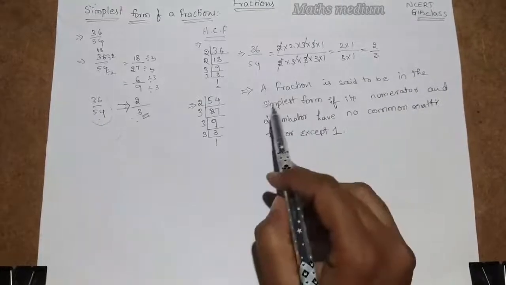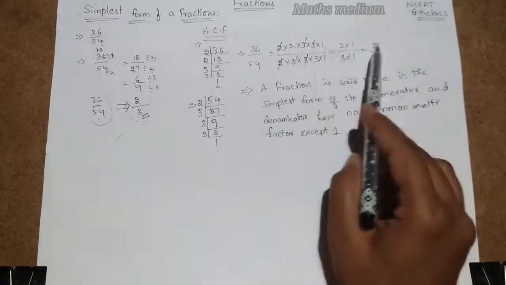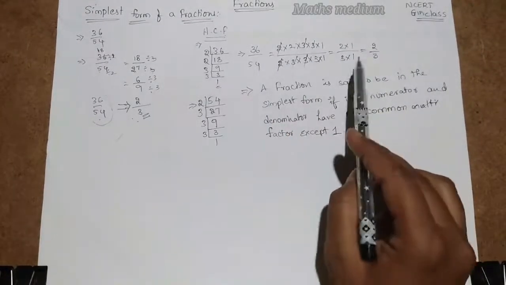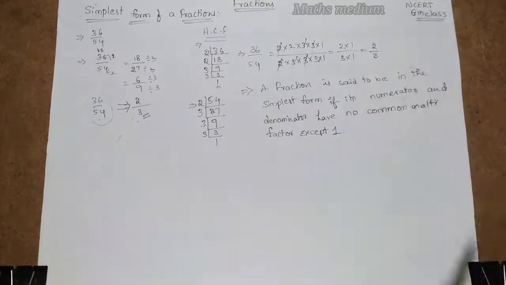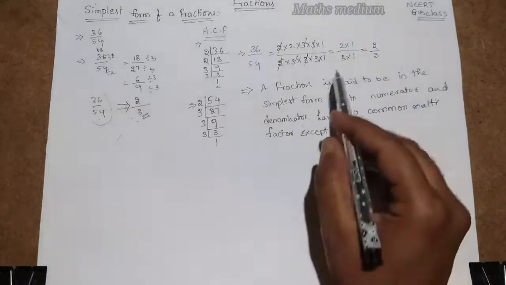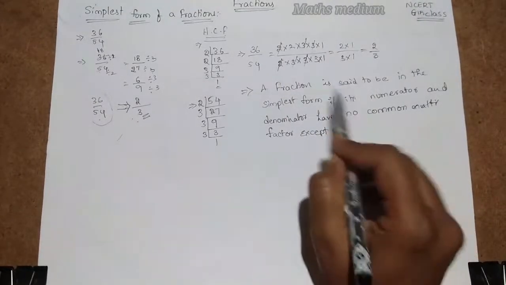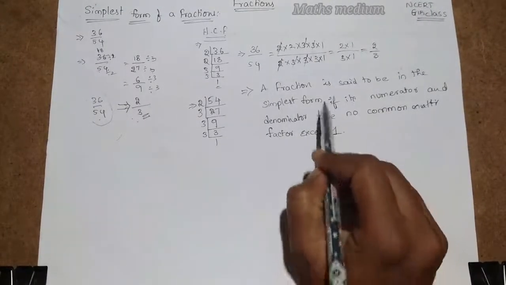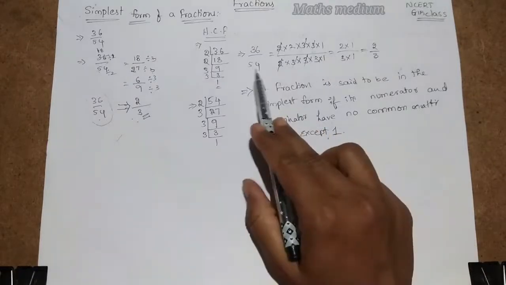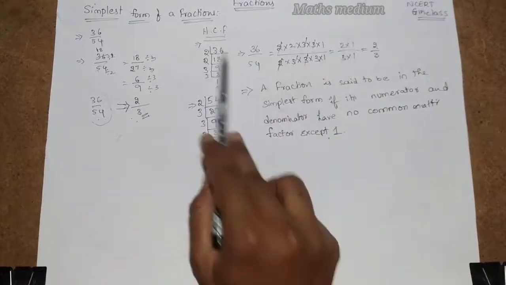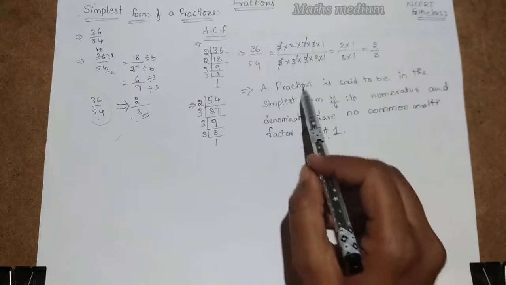So a fraction we have to reduce to simplest form, both numerator and denominator having only 1 as the common factor. Nothing but 1, we don't consider it as a simplest form. So this is the simplest form definition also, and this is the easiest method, that is the HCF method for the simplest form of a fraction.